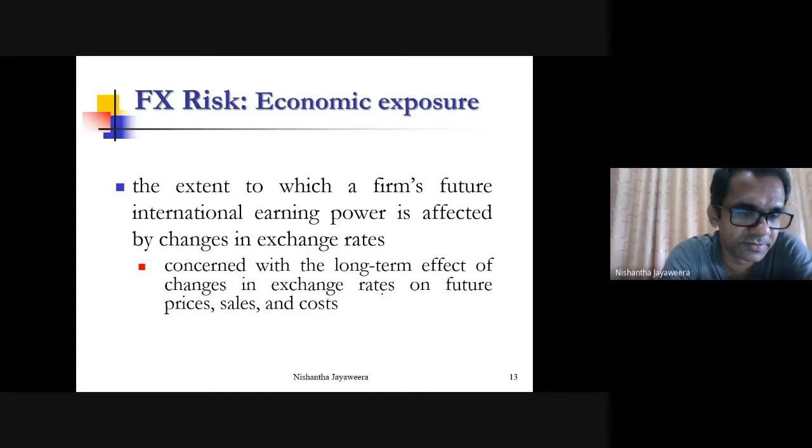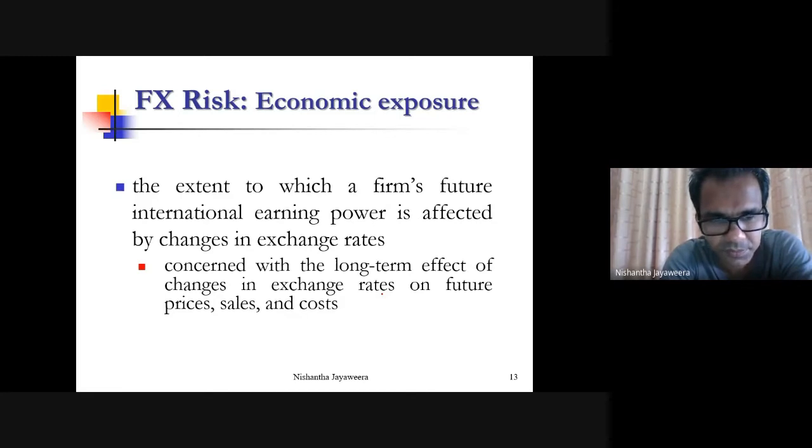If you borrow, whenever you borrow, you get foreign currency. Then you face the transaction exposure, because you have to convert that borrowed amount in foreign currency to local currency. At what rate you are going to convert it into local currency? That is the transaction exposure.